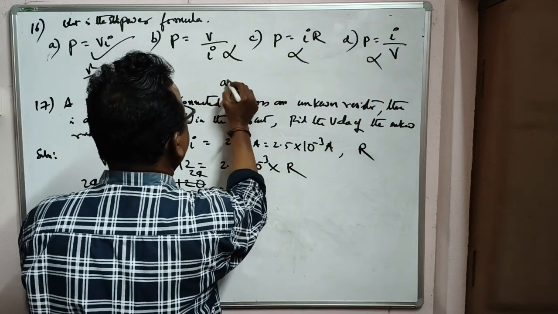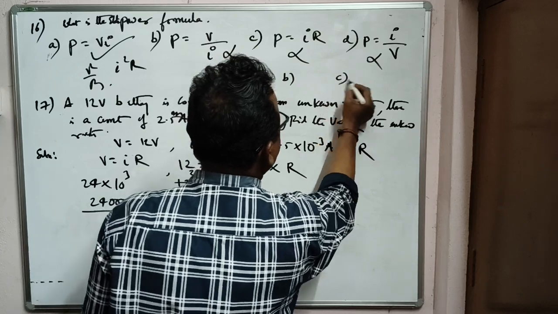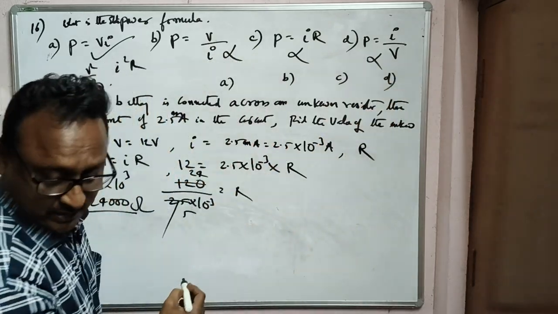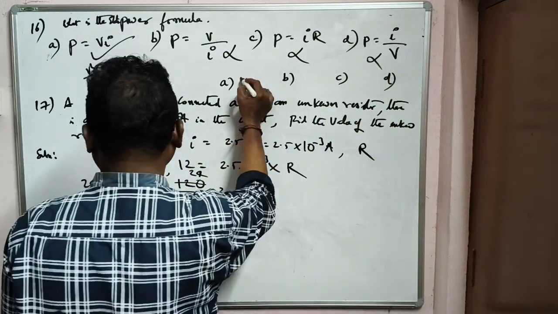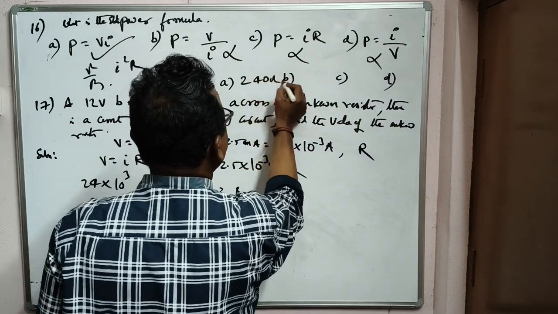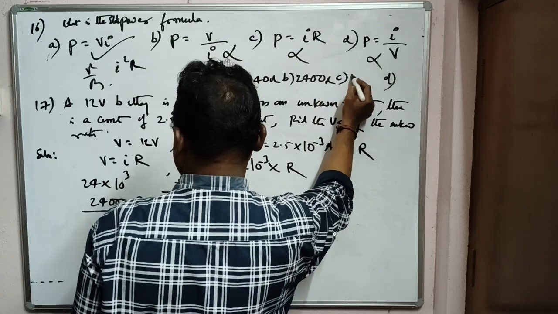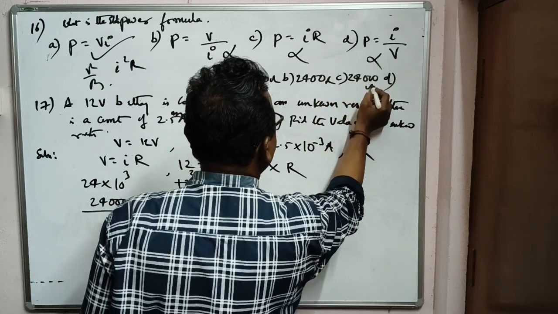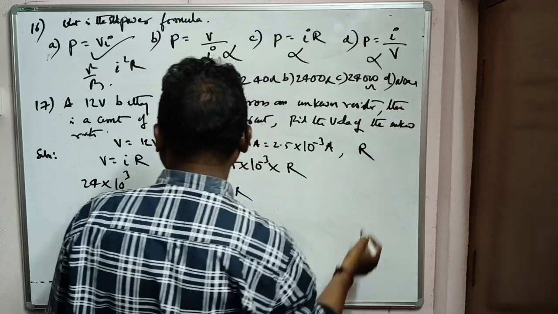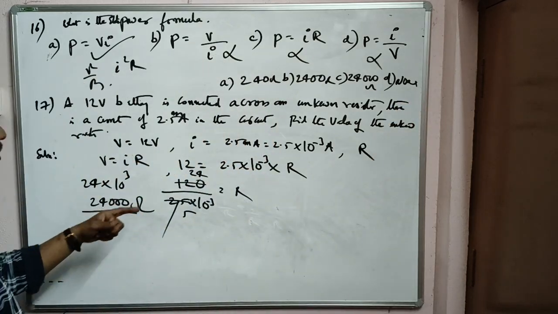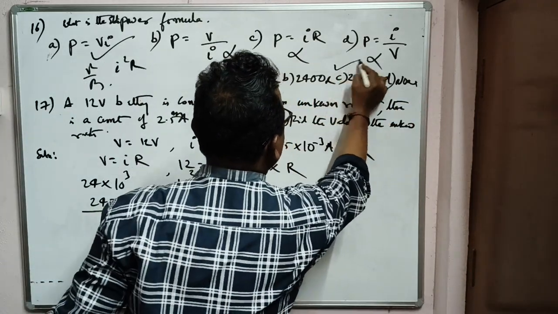The choices are also given; I forgot to read out A, B, C, D. A, 240 ohms; B, 2,400 ohms; C, 24,000 ohms; D, none. So what was the answer we got? 24,000. So C is the answer, please.